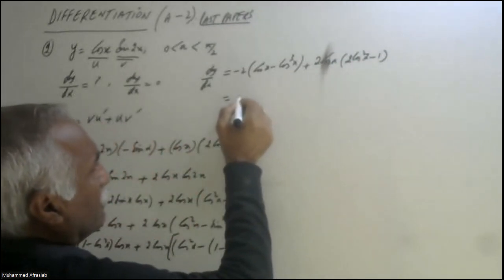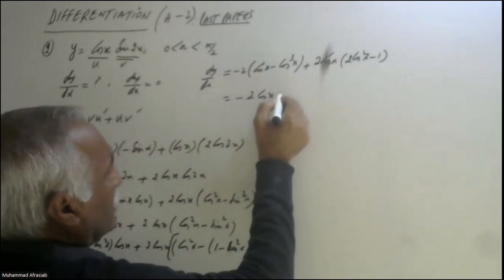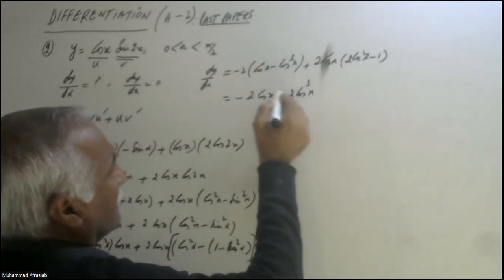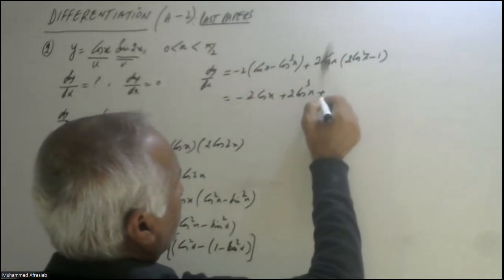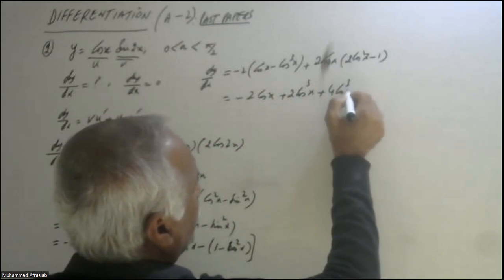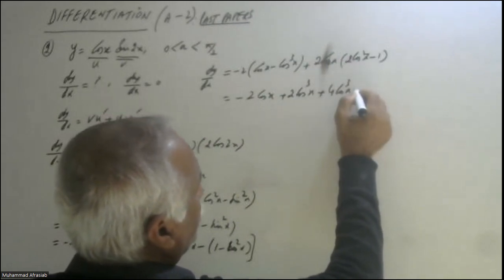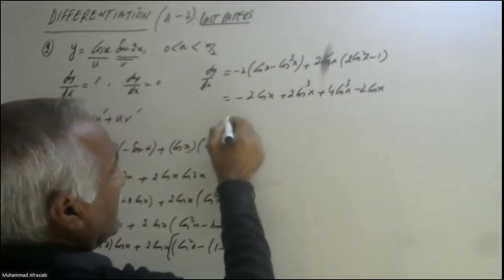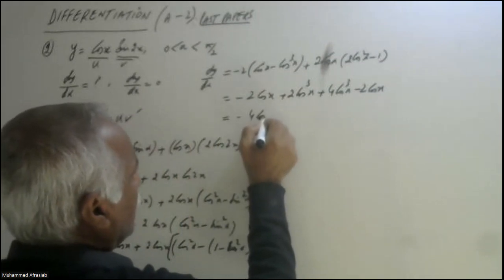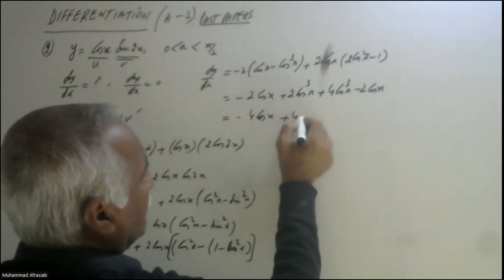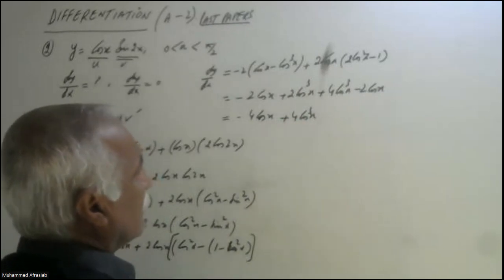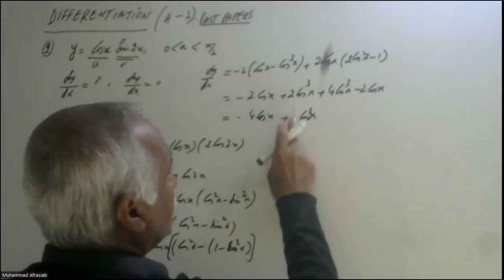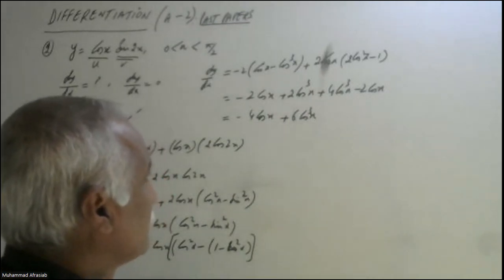This will be further equal to minus 2 cos of x plus 2 cos cube of x plus 4 cos cube of x minus 2 cos of x. That will be equal to minus 4 cos of x plus 6 cos cube of x.